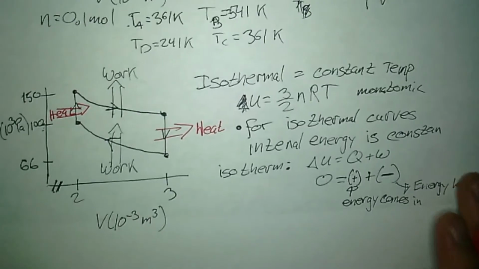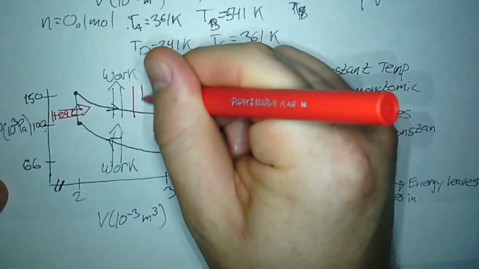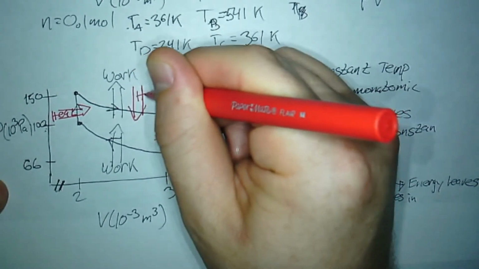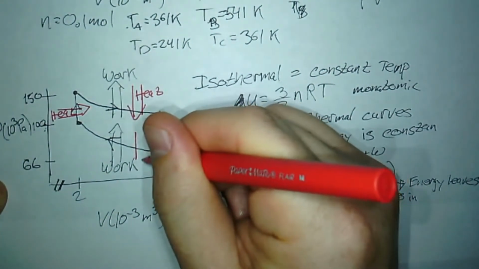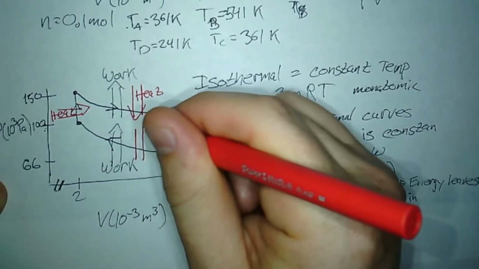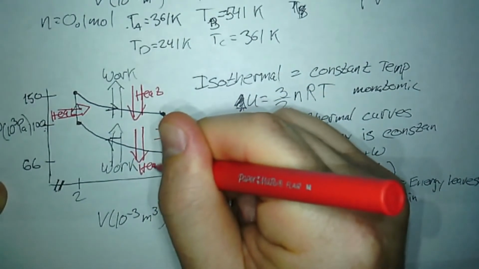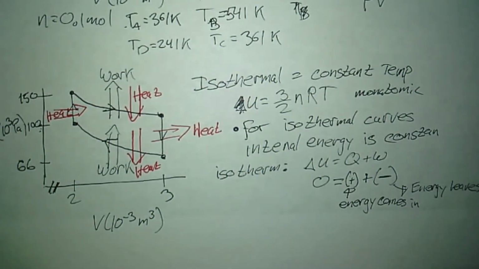And down here, these should be identical. And down here, the opposite's true, right? If work is energy coming into the gas by work, energy must be leaving the gas by heat.